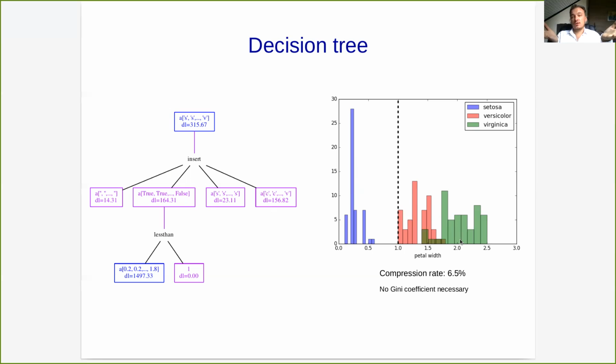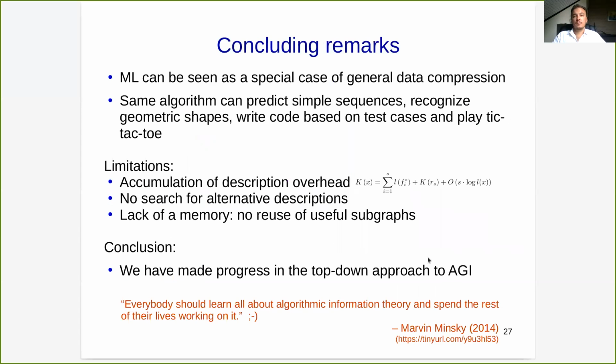And that's what the decision tree classifier does. And finally, he can continue to split the versicolor and virginica data further in the same way. As you see, no Gini coefficient is necessary here whatsoever. It's everywhere the same objective function for every one of these machine learning tasks.